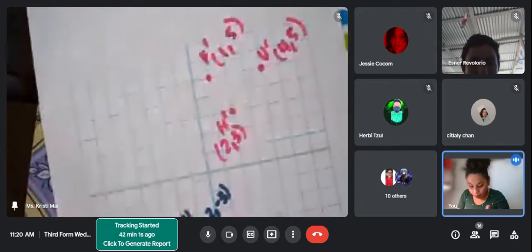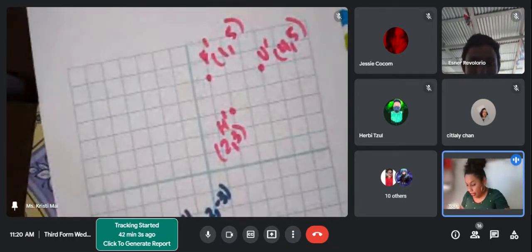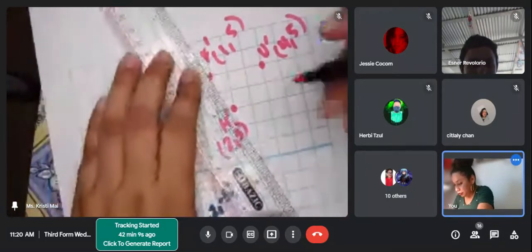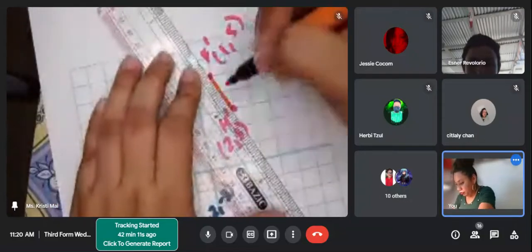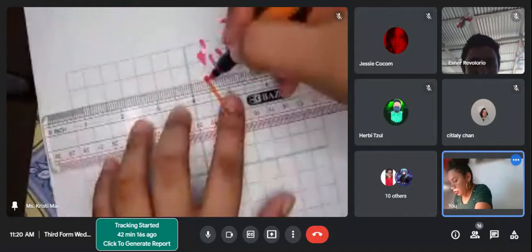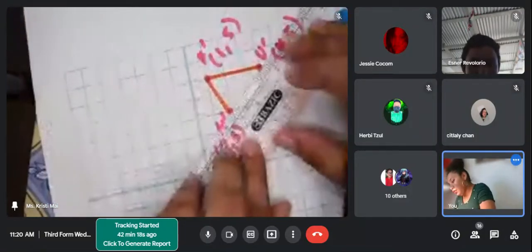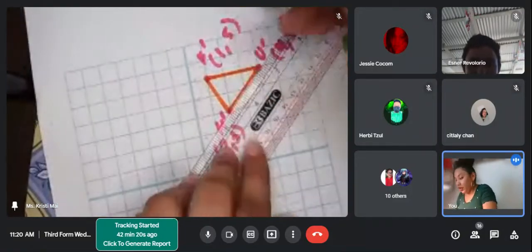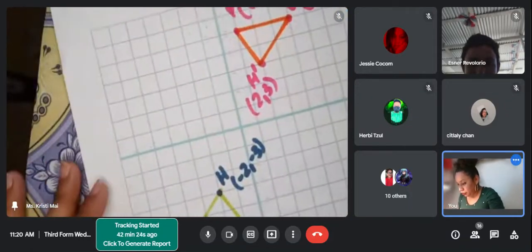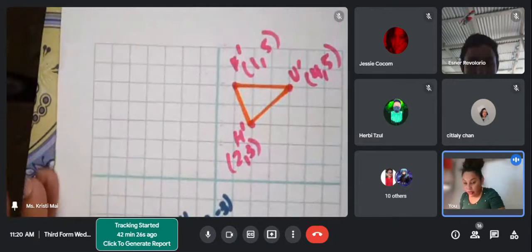So these are my 3 points. I'm going to go ahead and connect the dots. And there you go. Connecting the dots. And then this should be your reflection.